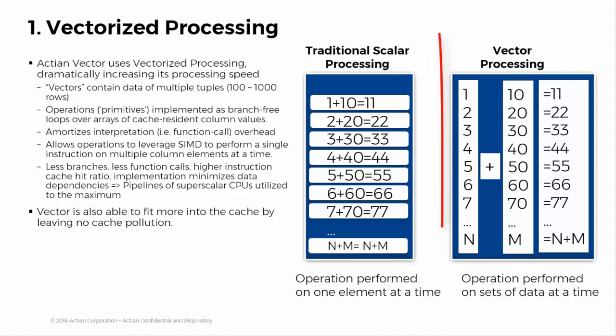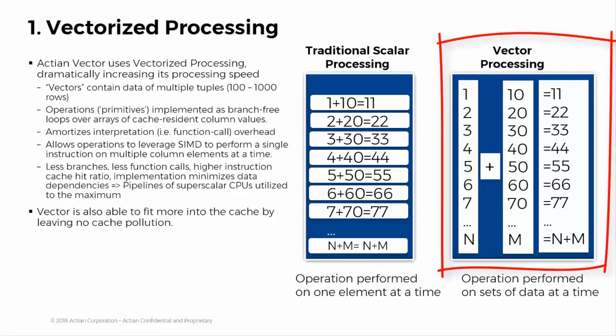If we look on the right-hand side with vector processing, we actually read an array of values from column A. It's typically up to about 1,000 values in an array. We then read an array of values from column B, again about 1,000 values, and then we add them together in a single operation, right?